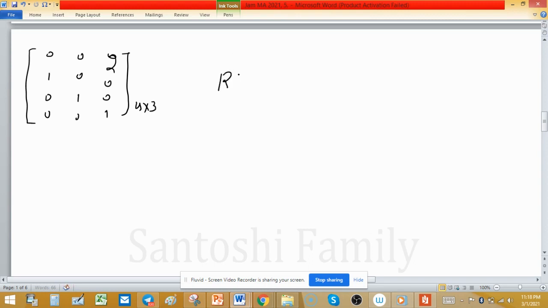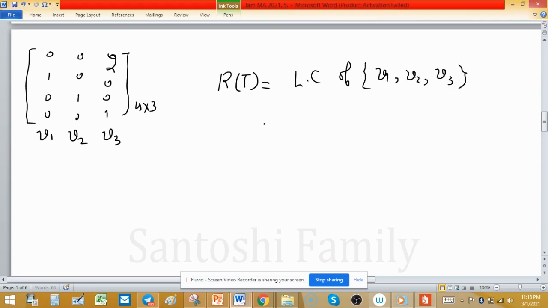So in range T, what is range T? If I call these V1, V2, V3, it is the linear combination of V1, V2 and V3, meaning any element of range T can be written as a linear combination of these.